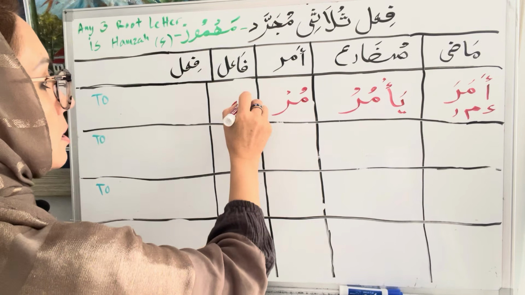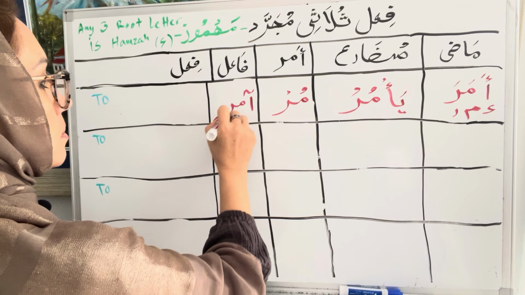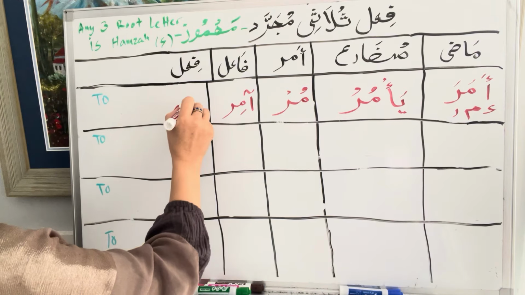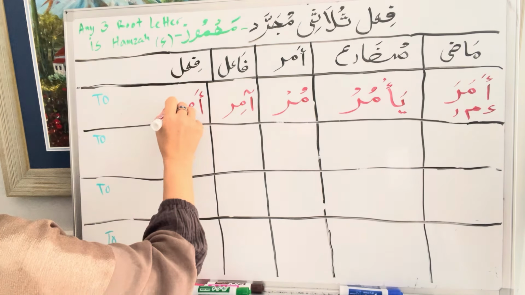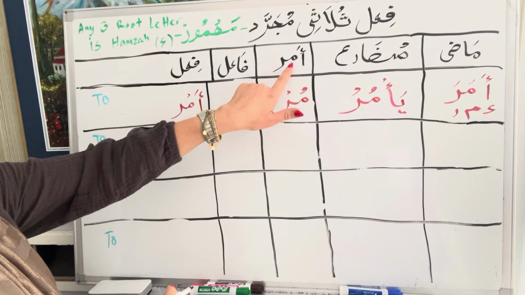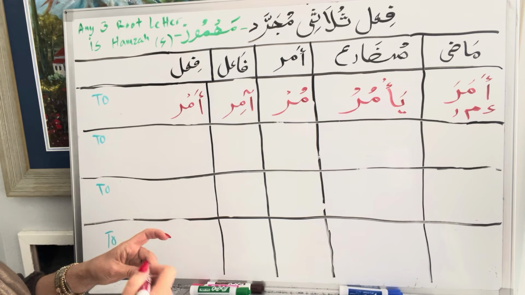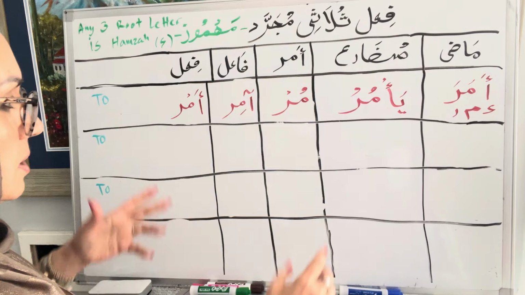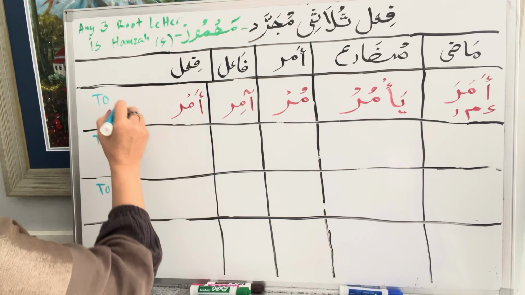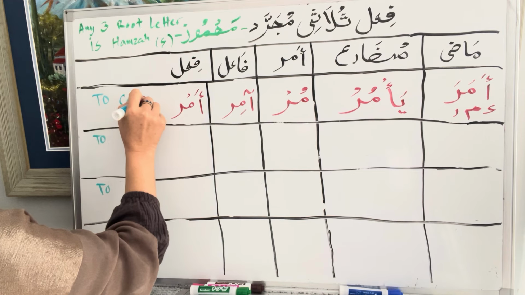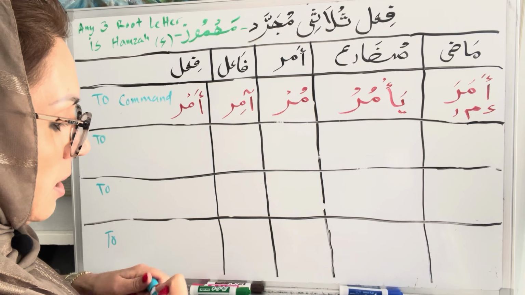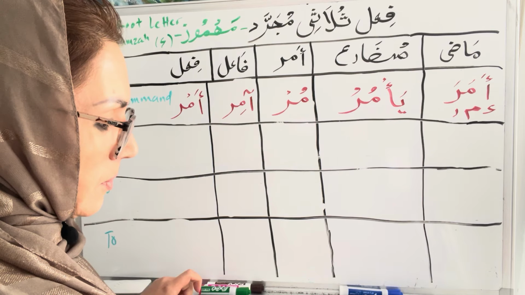And it's amir. And then it becomes amr. Like here, amr. This is the command. To command, or to tell, to say. Okay.